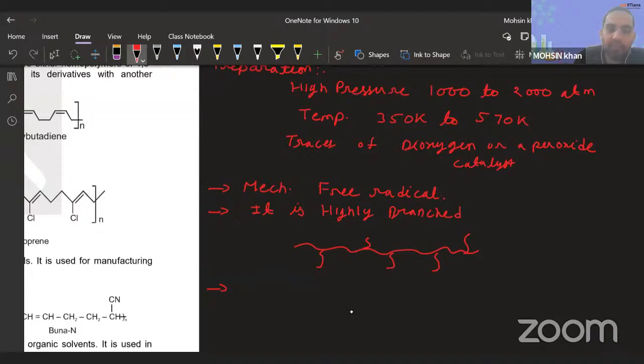The properties of low density polythene are basically this: chemically inert. It will not react with other substances. Chemically inert. It is tough, but it is also flexible.